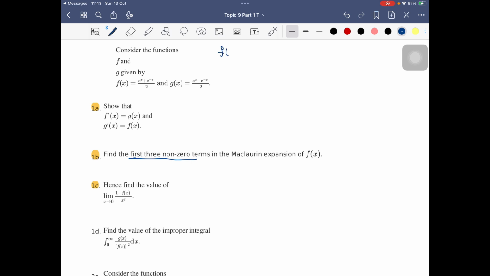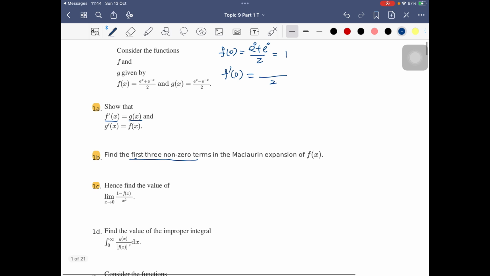Let's start from f of 0. F of 0 is e to the power of 0 plus e to the power of negative 0, which is 1 plus 1. So f prime of 0: f prime of x is g of x, so we get e to the power of 0 minus e to the power of 0, which is 0.